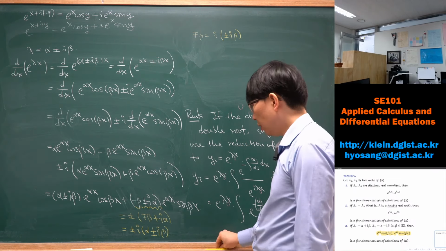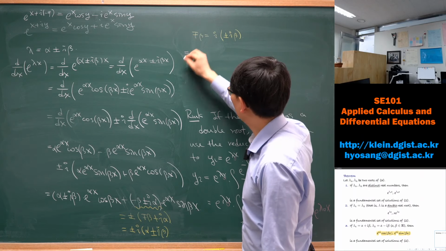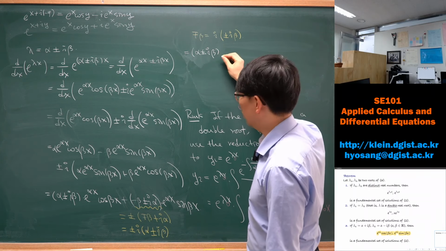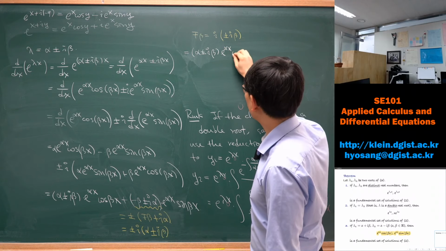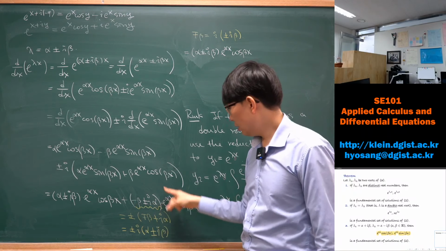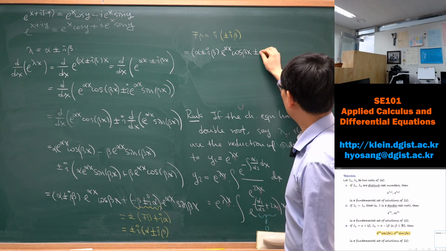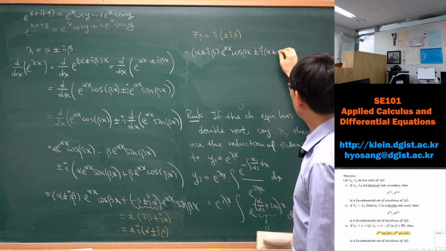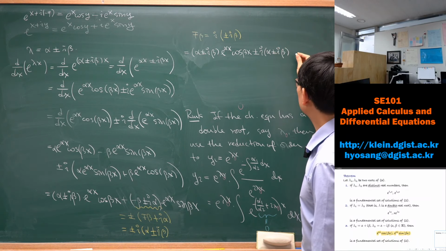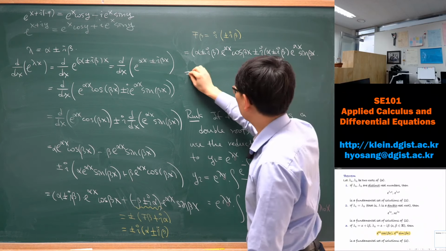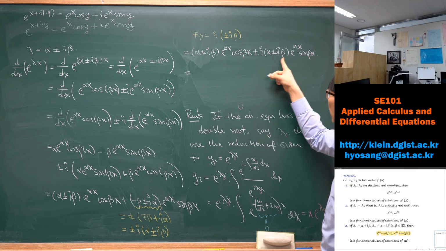So the result is alpha plus minus I beta times e to the alpha x cosine beta x. And here I can also write plus minus I times alpha plus minus I beta times e to the alpha x sine beta x. Let's combine this alpha plus minus I beta.